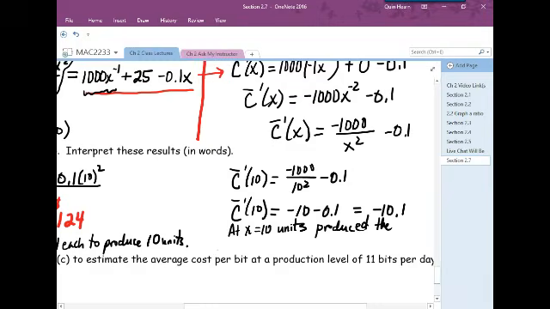Average cost per unit is decreasing by $10.10.